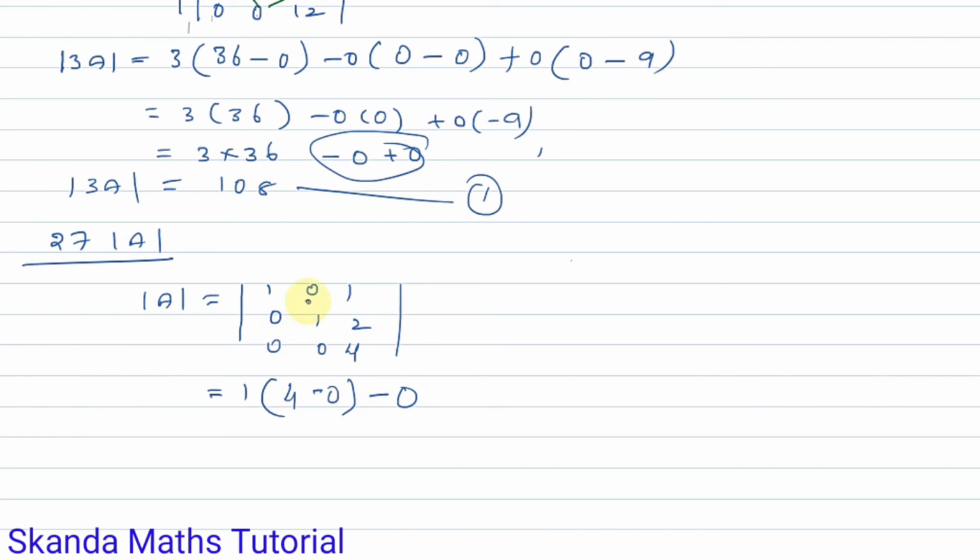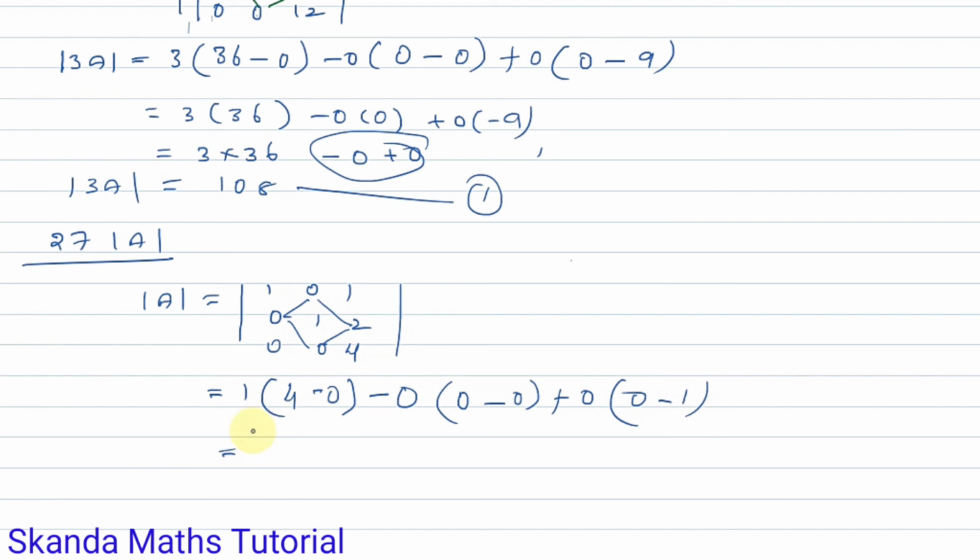Then 0 into, with this row and this column cancelled, 0 1 0 4 left: 0 into 4 is 0 minus 0 into 1. Then plus 0 into, with this row and this column cancelled, 0 1 1 2 left: 0 into 2 is 0 minus 1 into 1.